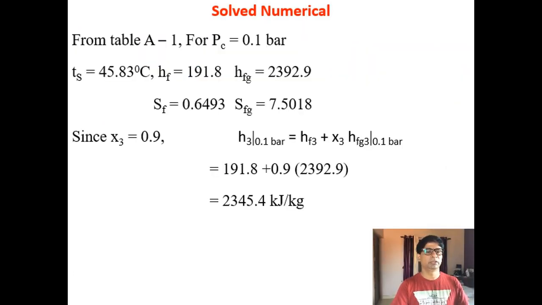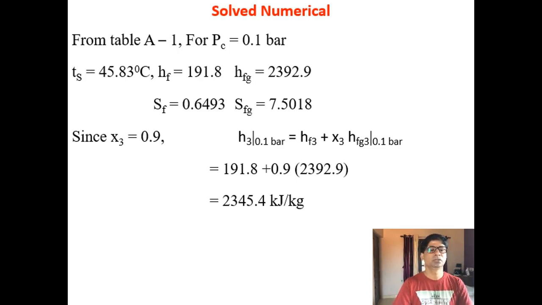Now go to table A1, because you have to note down the data at the condenser pressure also. In table A1, the pressure is 0.1 bar. At 0.1 bar, the saturation temperature is 45.83, hf is 191.8, hfg is 2392.9, sf is 0.6493, and sfg is 7.5018.